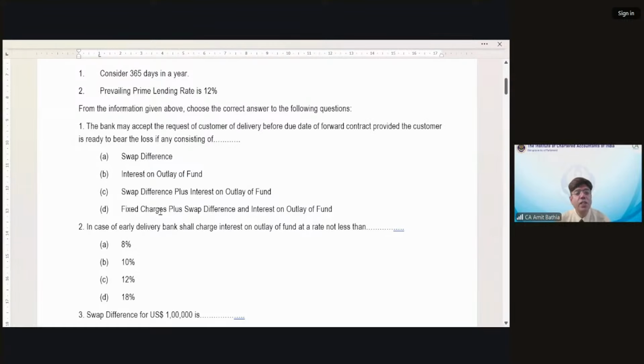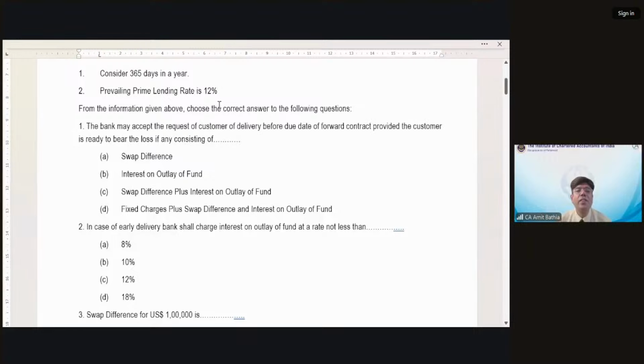Plus swap difference, because if there is any difference between the forward exchange rate agreed as on 31st December and the date agreed with you, 30th of November, you'll have to bear that swap difference as well. And interest on outlay of funds because they are paying you 1 month before time. So they are going to charge you interest on outlay of fund.